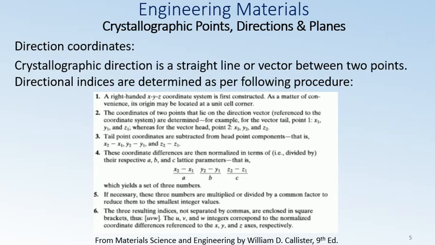In point coordinates you just write the three point coordinates. In direction coordinates you determine coordinates as per the point coordinates, and then you reduce them to lowest integral values, put these three indices together without commas, and put square brackets around them. So this is a bit of a difference that you need to keep in mind when drawing direction coordinates.